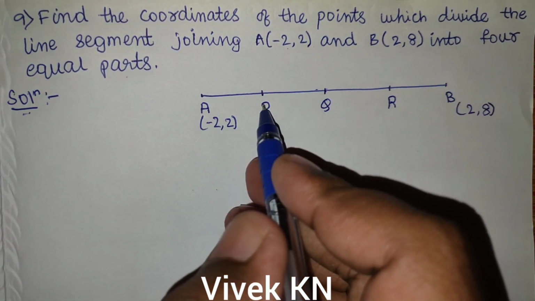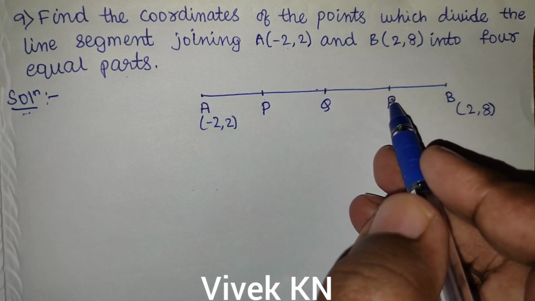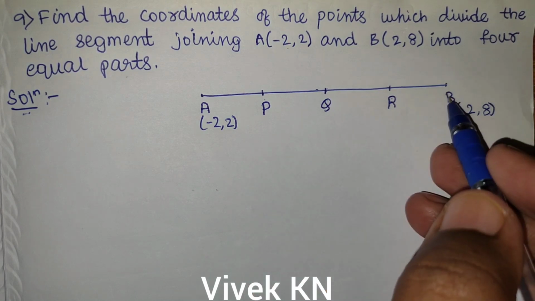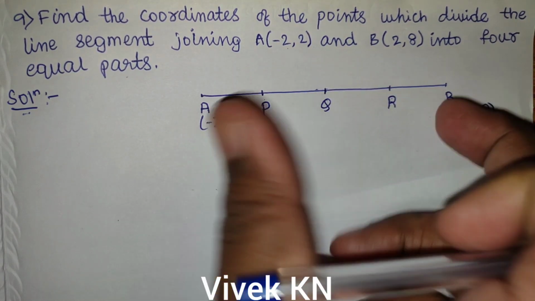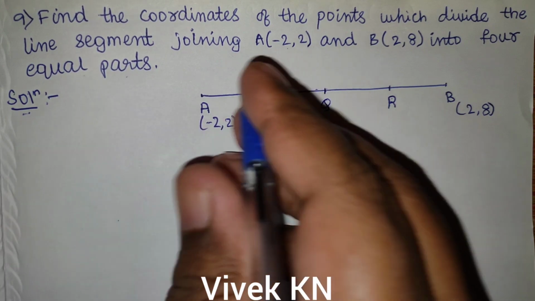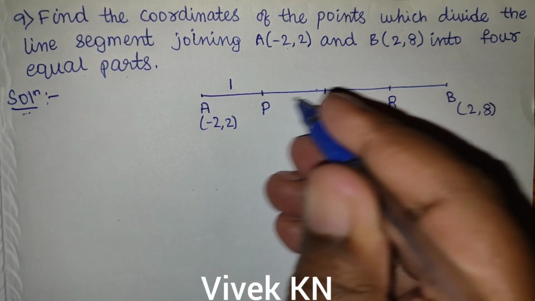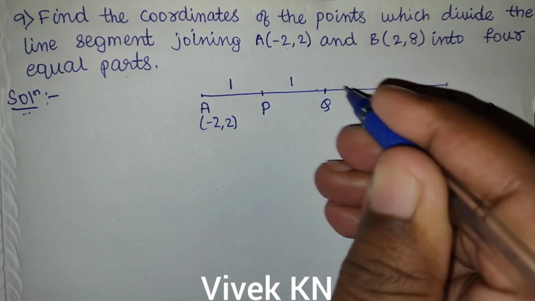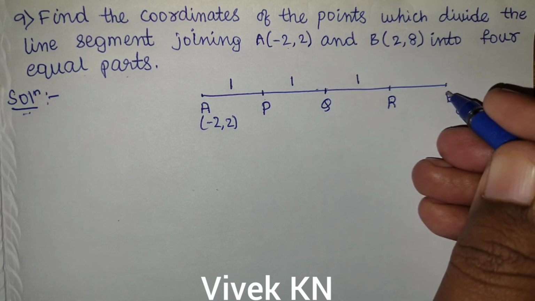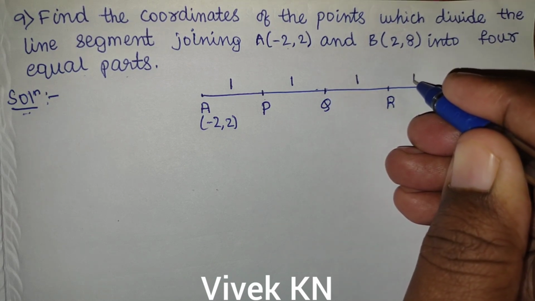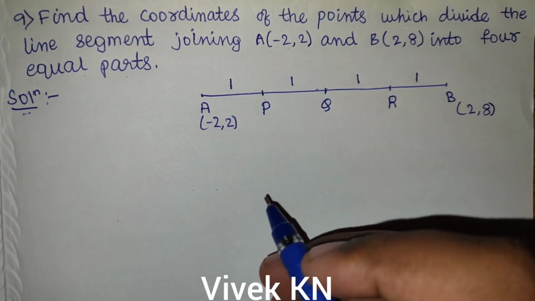AP is the first part, PQ is the second part, QR is the third part and RB is the fourth part. Here, all these 4 parts are equal. That is, if AP is equal to 1 centimeter, then PQ must also be equal to 1, QR must also be equal to 1 and this RB must also be equal to 1 centimeter. This is the given data.